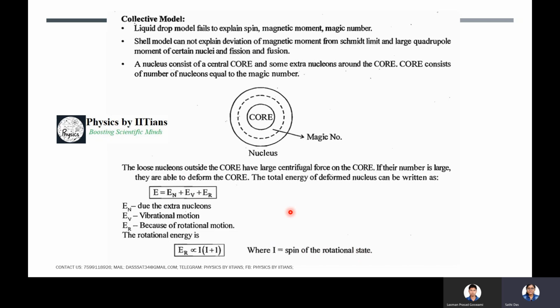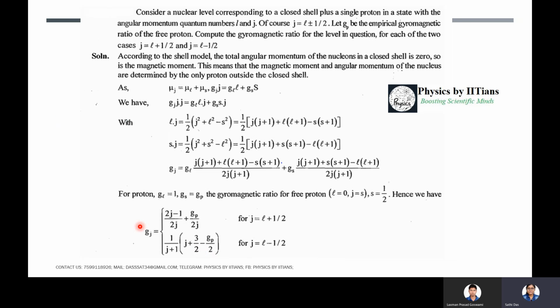Here the most important thing is that you have to remember the rotational energy expression for the nucleons, which is proportional to I into I plus 1. So let us find out some problems to solve this kind of questions.